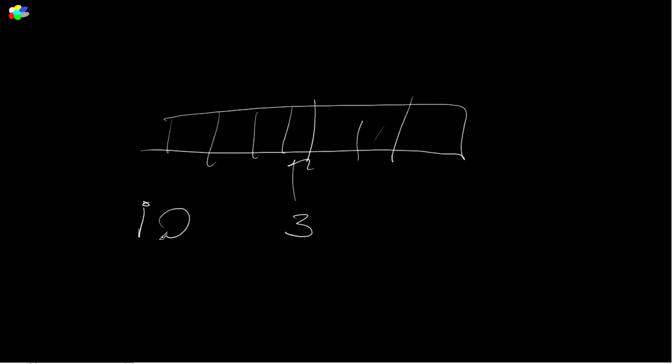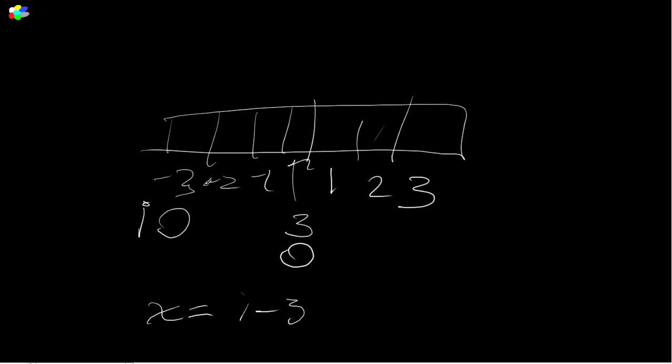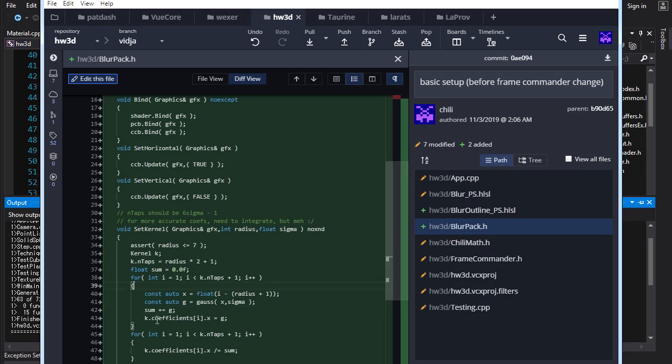Then i starts off at 0, and x is equal to i minus 3. So we'll get negative 3, negative 2, negative 1, 0, 1, 2, 3. This is your x that you pump into the Gauss function, and that gives you your coefficient. And you just loop through i, going through the entire kernel. That gives you your coefficients.